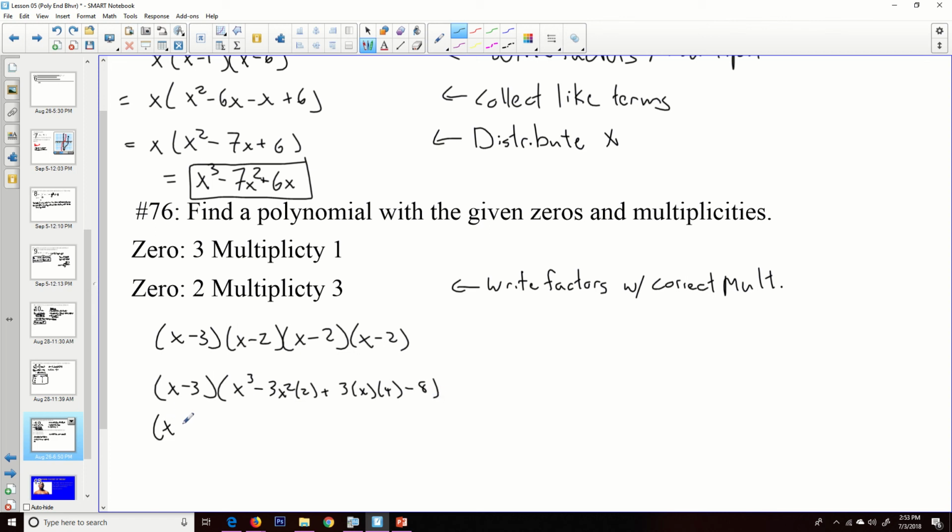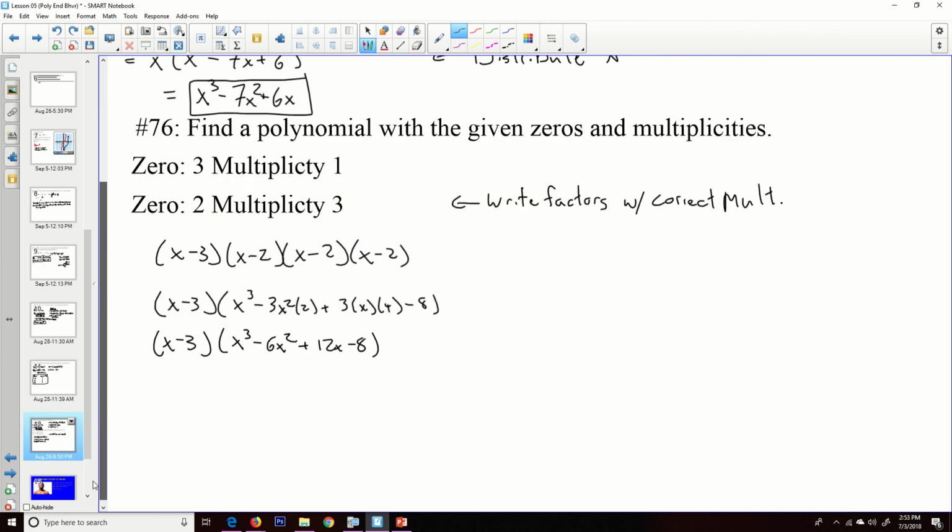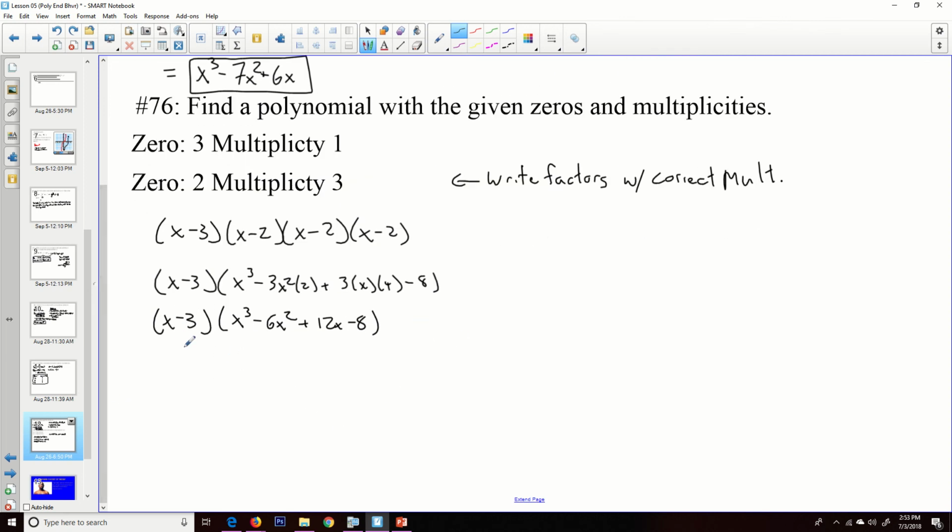Which will give me x minus 3 times x to the third minus 6x squared plus 12x minus 8.